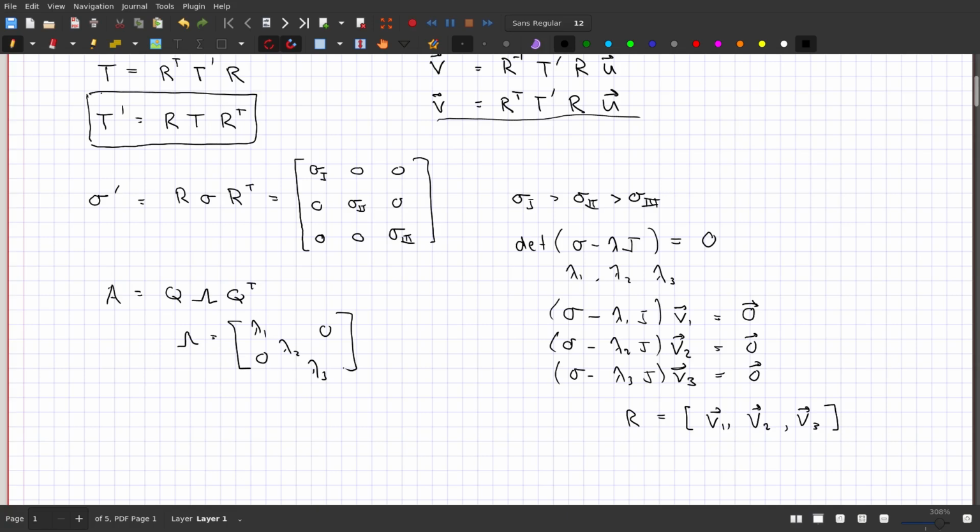So that is one maybe caveat: in order to ensure that R is unitary, you can just divide by the magnitude of these vectors, right?